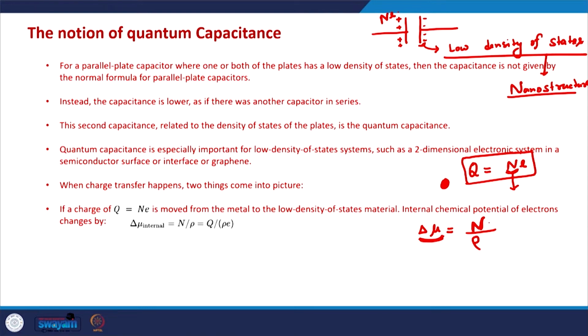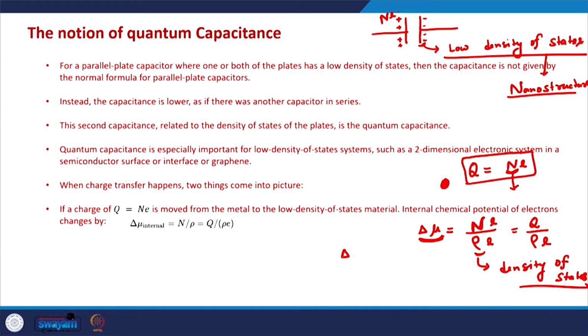So if we multiply by the electronic charge, it will be Q divided by rho times E, where rho is the density of states. Generally we use G or capital D for density of states, but rho is also used for density of states at some places. So please don't confuse it. This is just the density of states of the nanosystem.